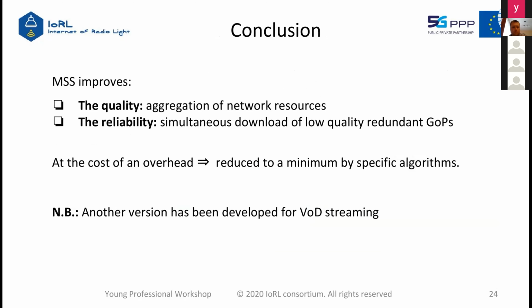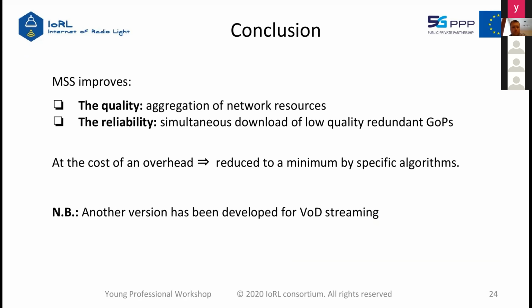To conclude, with these solutions, we were able to increase the quality of the video streaming sessions by aggregating the network resources. We are able to increase the reliability by simultaneously downloading low-quality data from alternative paths.